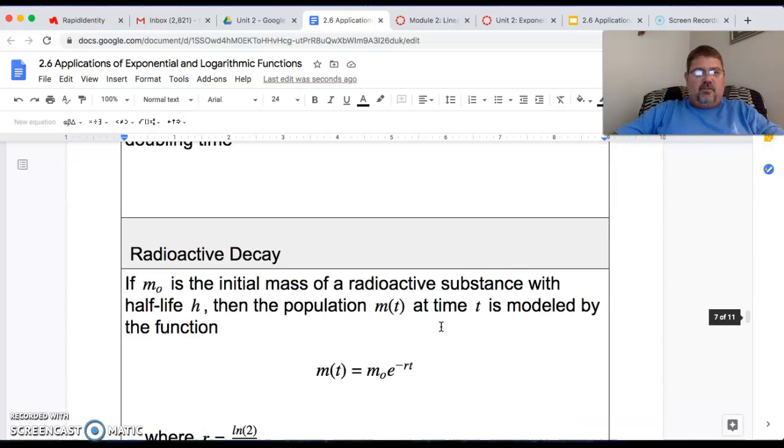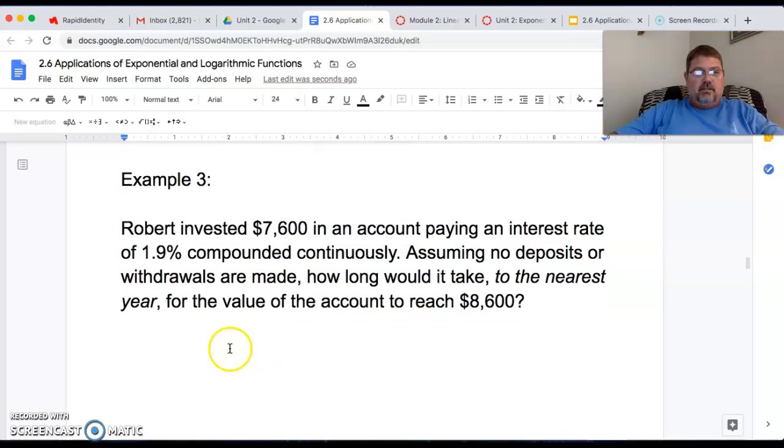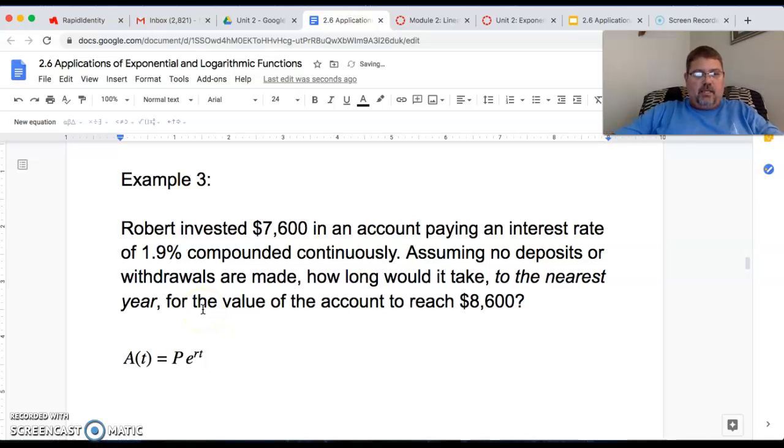And we talked about this a few videos back, what they mean by continuously and how the formula evolved and all of that. So we probably don't need to get into that all here. And let's plug in everything we know. All right, so what is the principal? The amount being invested, $7,600.